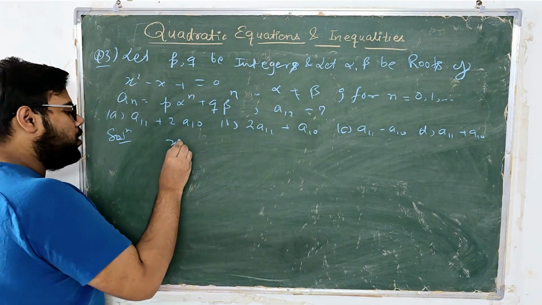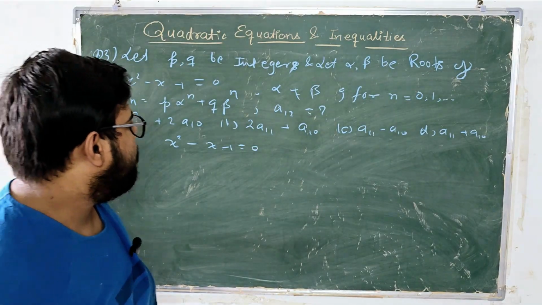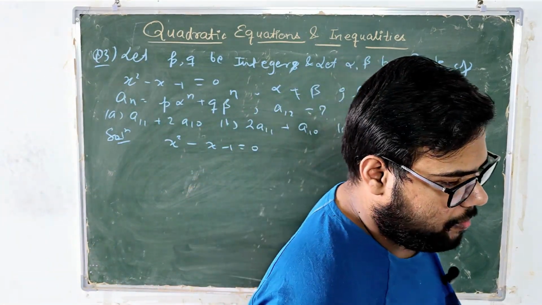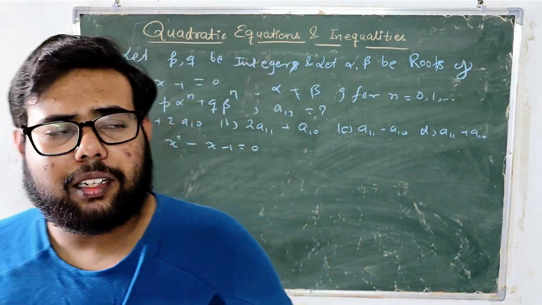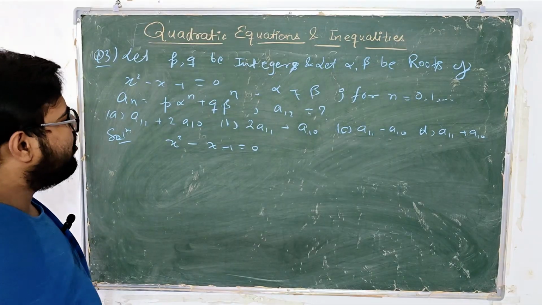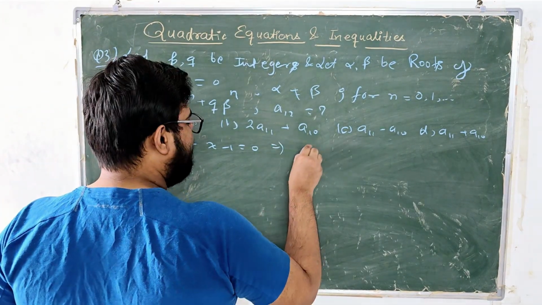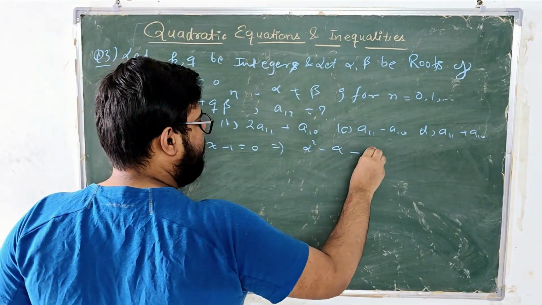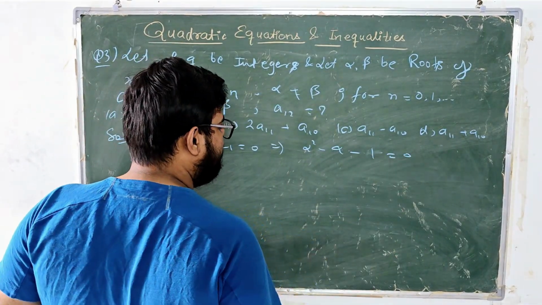So we have the expression x square minus x minus 1 is equal to 0. Now you all have studied Newton's theorem like alpha raised to power n plus beta raised to power n in that form. So the moment you see such form, you get confused, but there's nothing to be confused over here. Let's substitute alpha. So you'll get alpha square minus alpha minus 1 is equal to 0.